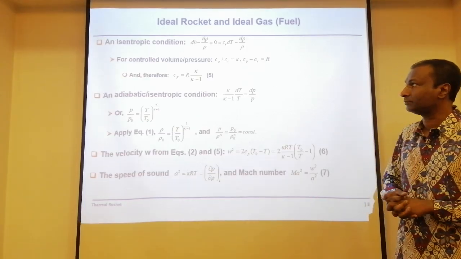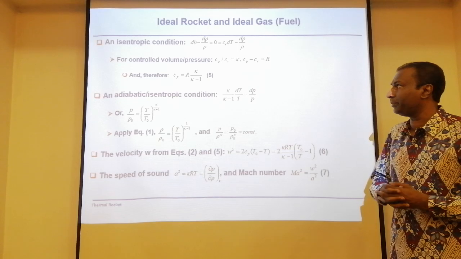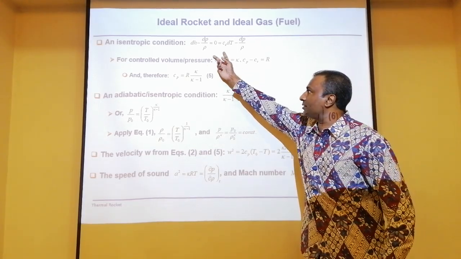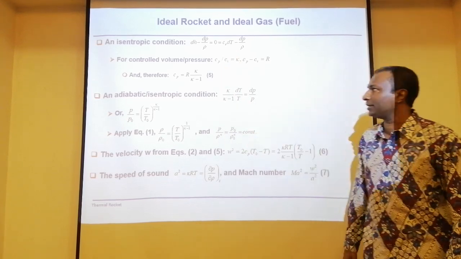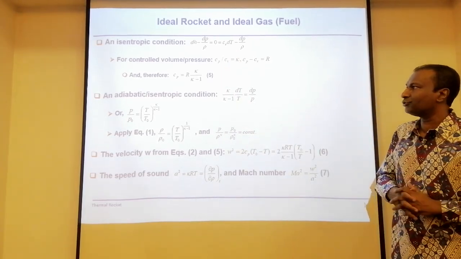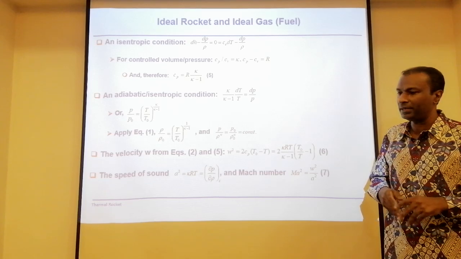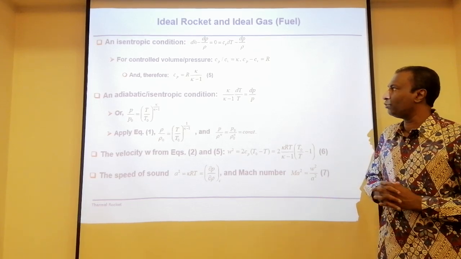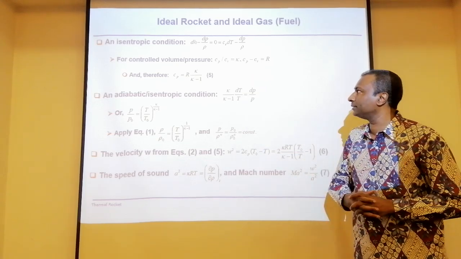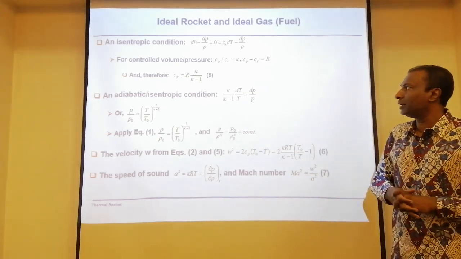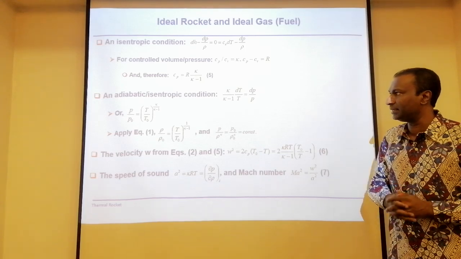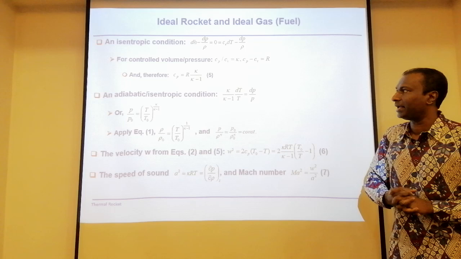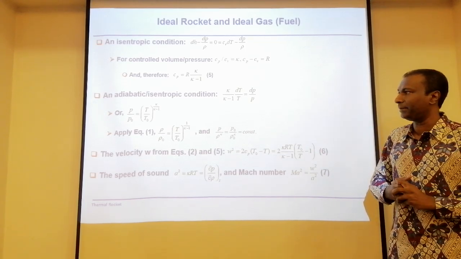Alright, an isentropic condition. When you have an isentropic condition, this equation can be invoked. For constant pressure CP and constant volume CV, your heat capacities, CP over CV I coin as kappa, and CP minus CV is R, and therefore CP can be written as R as a function of kappa.